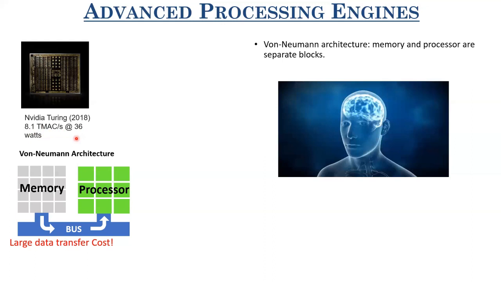Now, if you look at your mobile phone, the battery is like 5 volts and the maximum amount of current that you can extract from it is close to 1.2 amps. So the maximum amount of power that it can give you is well less than 36 watts. Since it is much less than 36 watts, you cannot install this NVIDIA Turing GPU in your mobile phone and perform some applications.